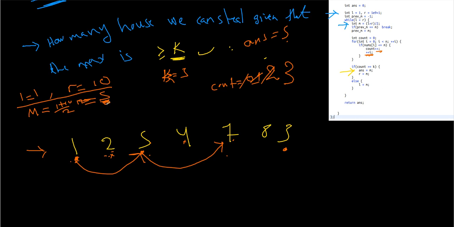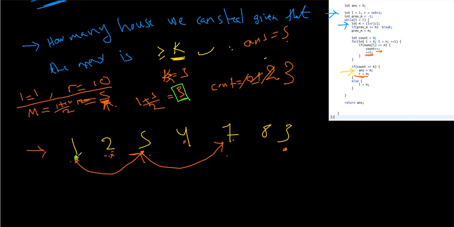Now we need to see if we can get a better answer than 5. So what we will do, we set the right to the middle and left stays. So we have 1 plus 5 divided by 2, which equals 3. So assuming the max money amount is 3, how many houses can we steal?